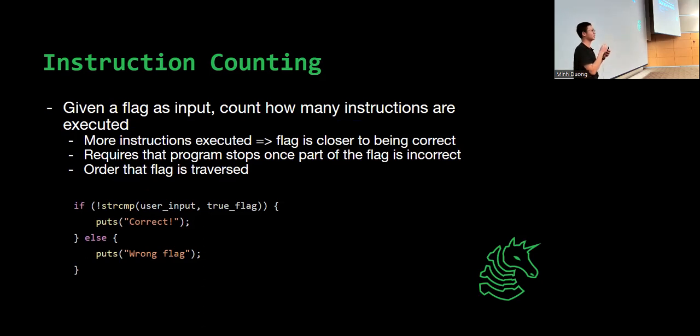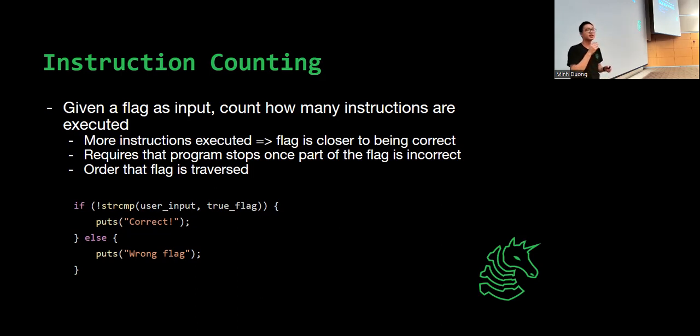And at the end, if they're all the same, it's going to return 0. Something like that would run for fewer instructions if less of the flag was the same compared to if more of the flag is the same. I probably should have added a for loop example here, but just try to picture a for loop and think about how many times it is going to run based on how many characters in the flag and the input are the same.